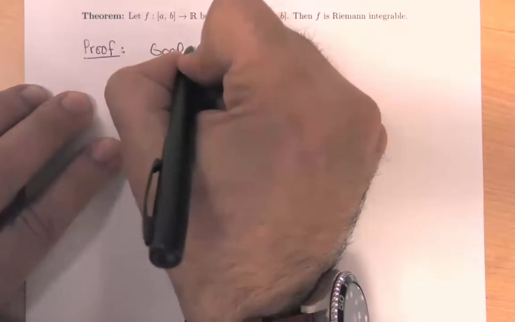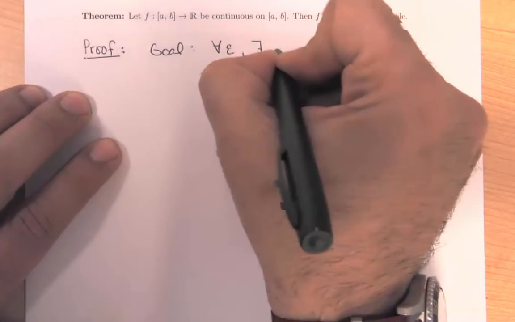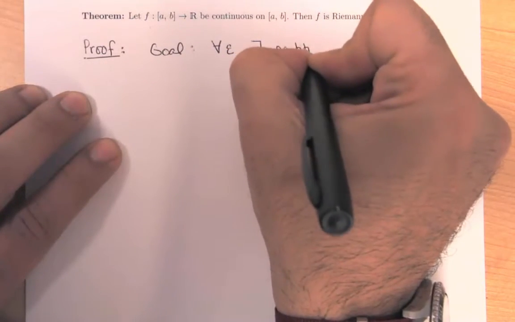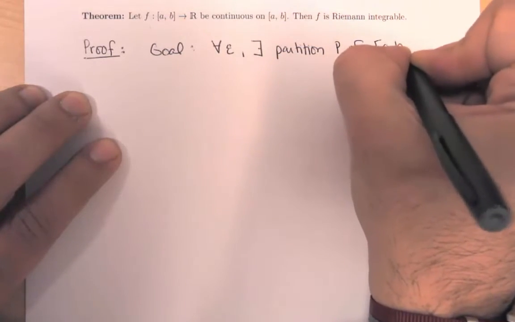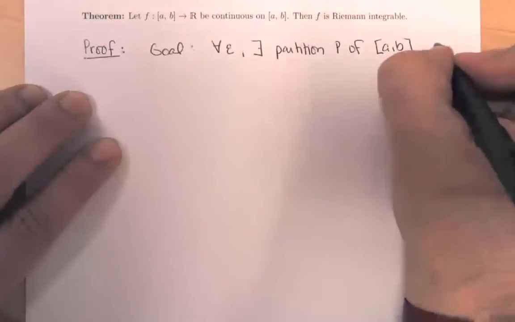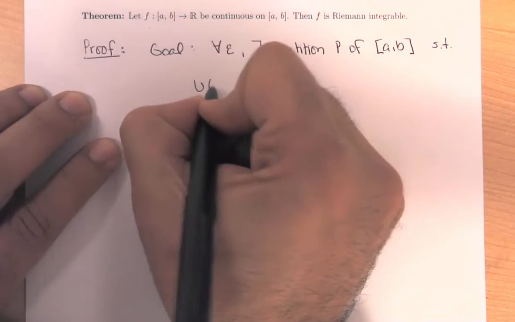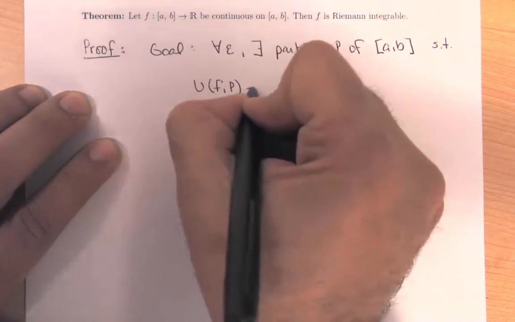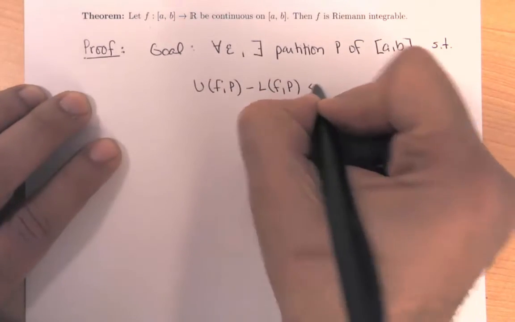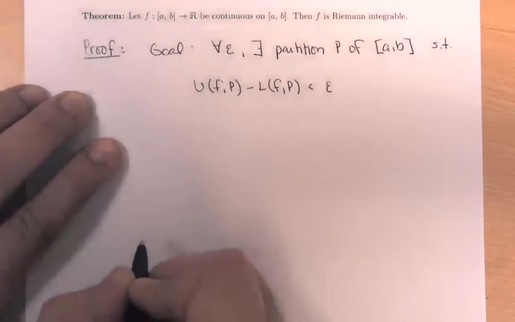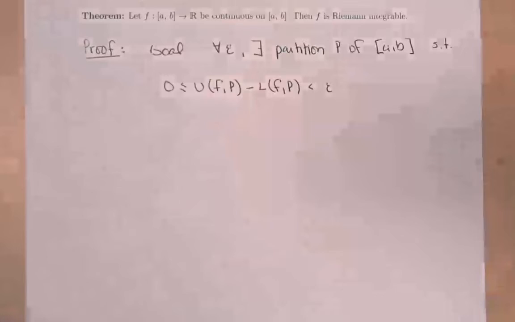What we want to do is show that for any epsilon, there exists a partition P of the interval A to B for which the upper sum minus the lower sum is less than epsilon. Of course, we also know that this is greater than or equal to 0.